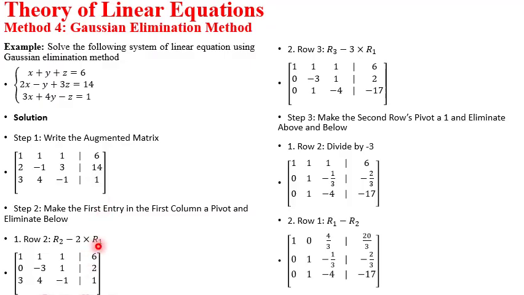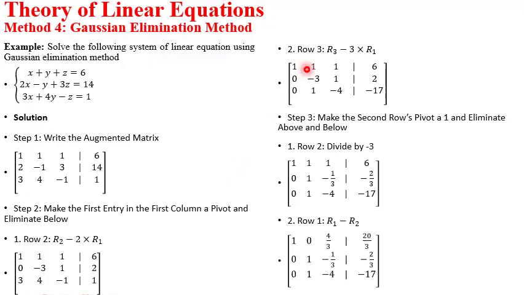So we have successfully, using row 1 as the pivot, and that is why nothing has changed here, been able to eliminate the first element in the second row, in the first column.